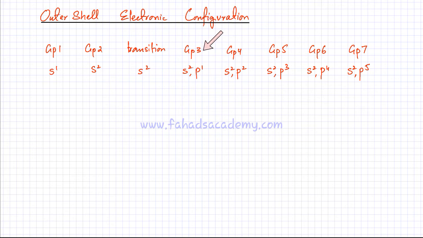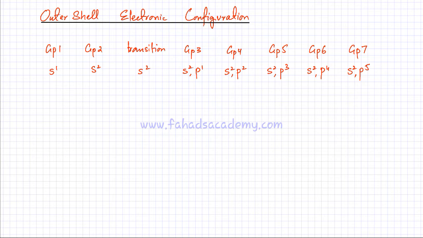Any element in group 3 is going to have an outer shell having an s subshell and a p subshell. The s subshell has 2 electrons, the p subshell has 1 electron, and so on and so forth. For example, if an element is in group 5, the outer shell is going to contain an s subshell and a p subshell. The p subshell would have 3 electrons, the s subshell would have 2 electrons. And similarly, for group 6 and group 7, the outer shell electronic configuration is given.